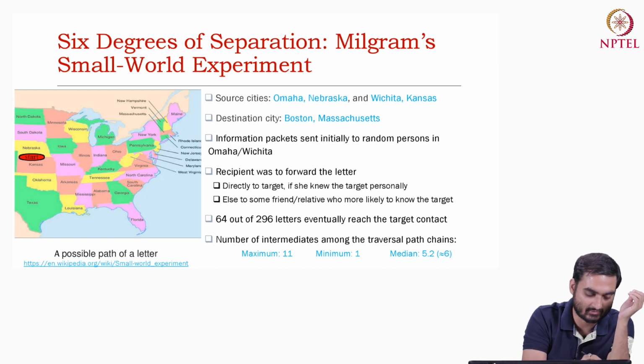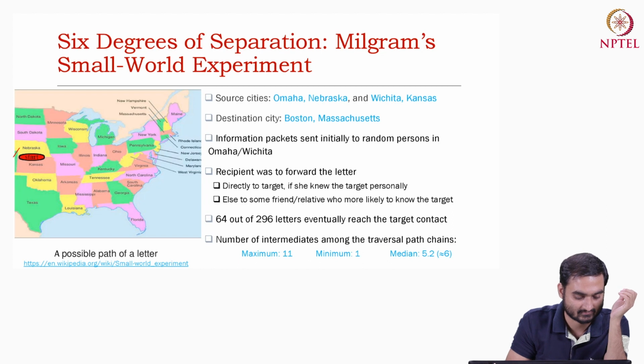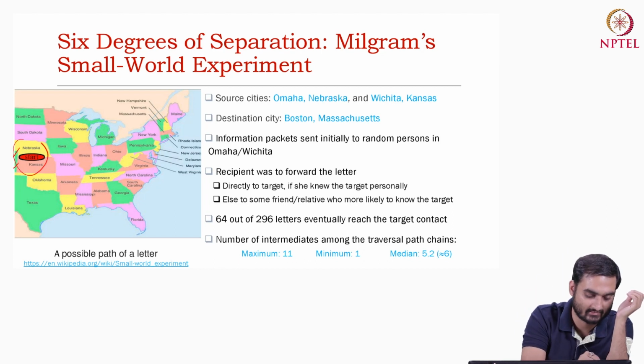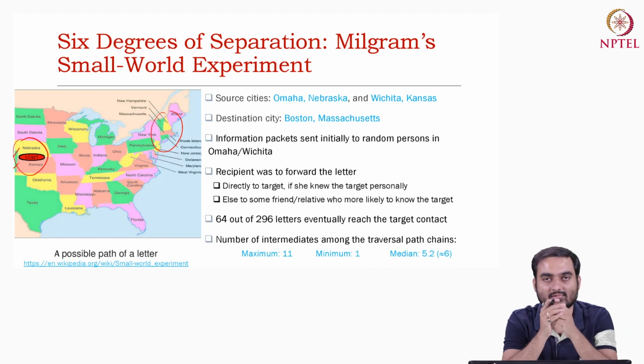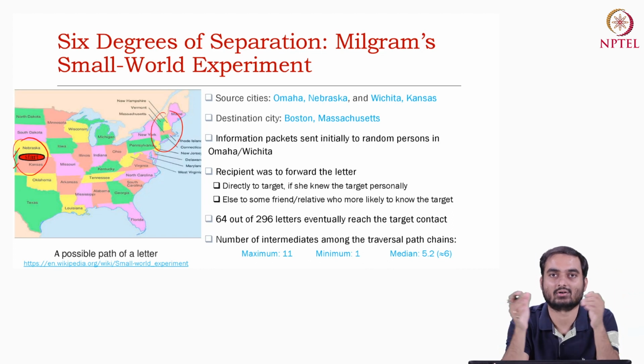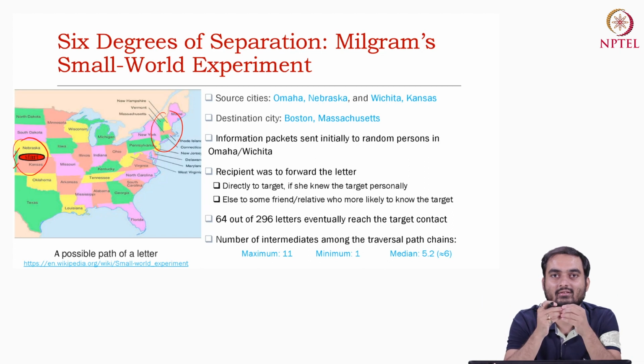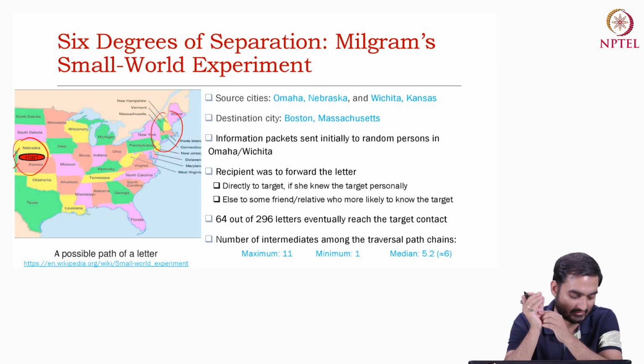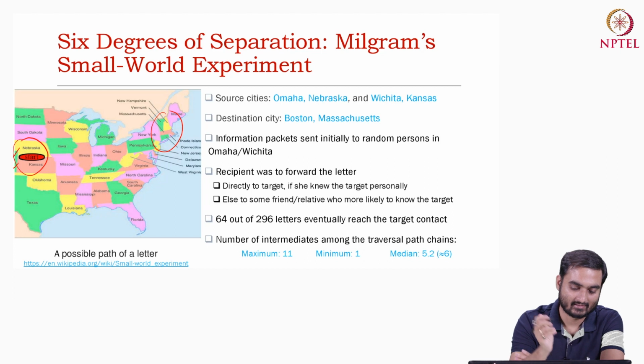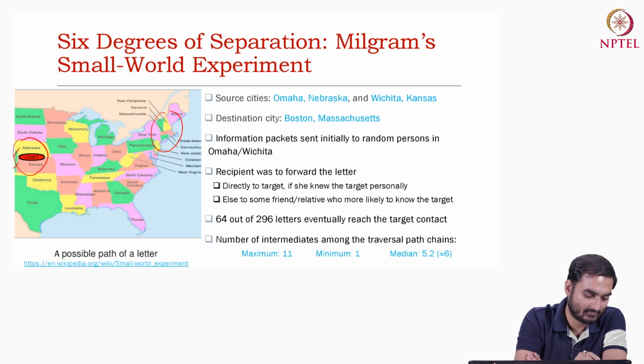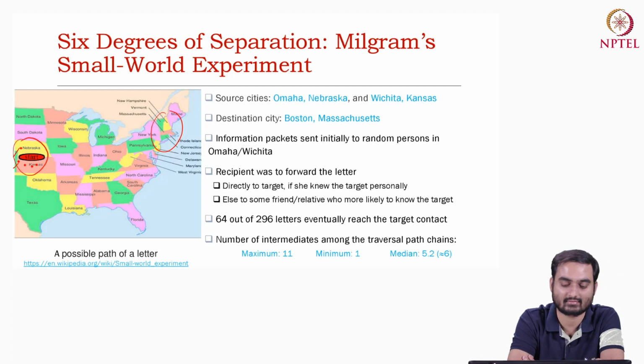One is Nebraska, Kansas and Nebraska, and the other is Boston. Nebraska is here and Boston is here, two different regions of the United States. Then he chose some individuals here. So this is your source, Nebraska, and Boston is your destination.